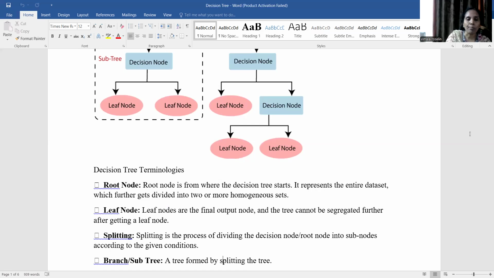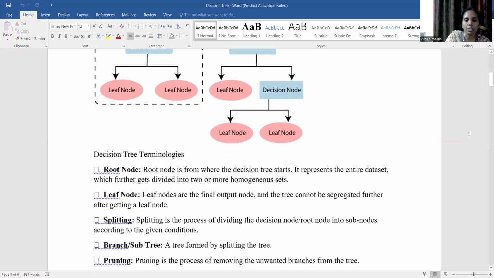Next, branch or subtree. A branch or subtree is a tree formed by splitting the tree. In the tree, two or three subtrees will be there, and that is called a branch tree. Next is pruning. Pruning is the process of removing unwanted branches from the tree.